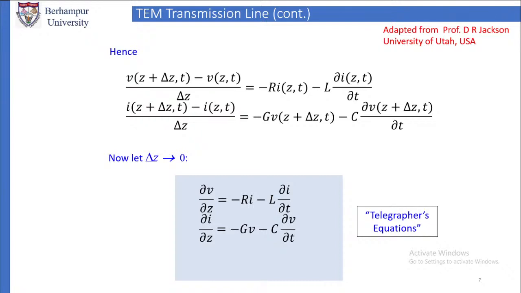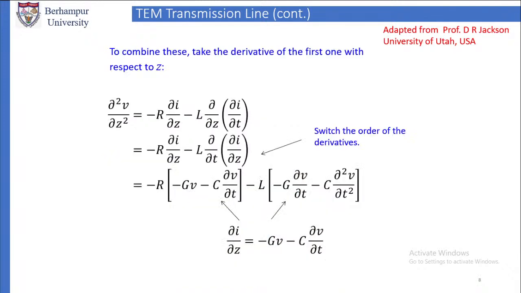Similarly, in the first equation you have ∂I/∂t, in the second equation you have ∂I/∂z. So both equations have V and I, and both have the variables z and t. So these two equations are coupled equations. Telegrapher equations are a set of two coupled partial differential equations.